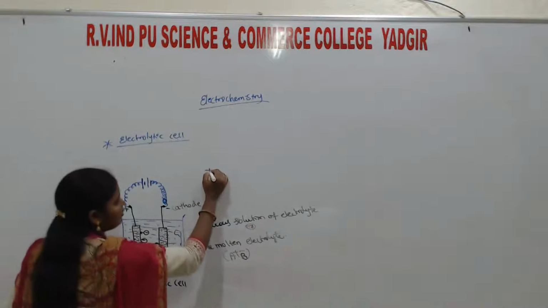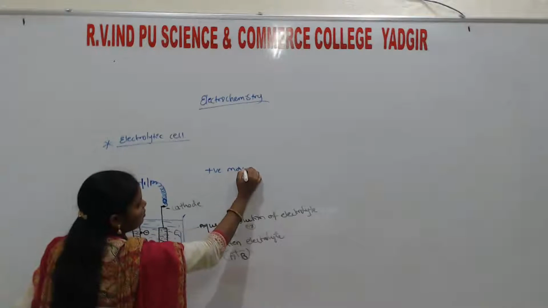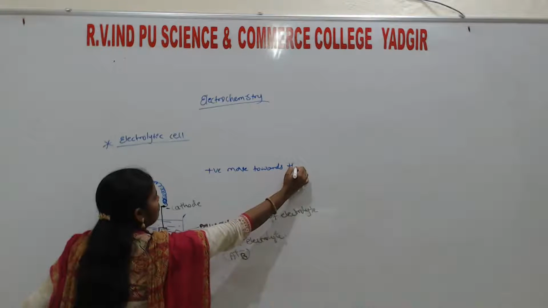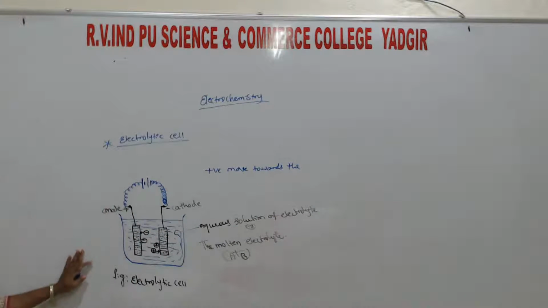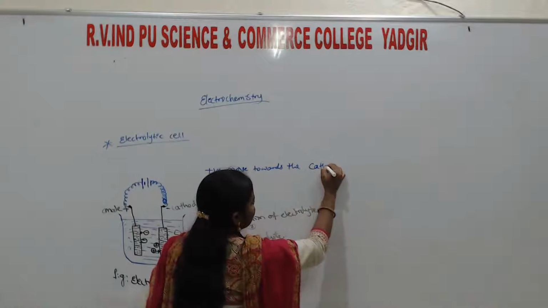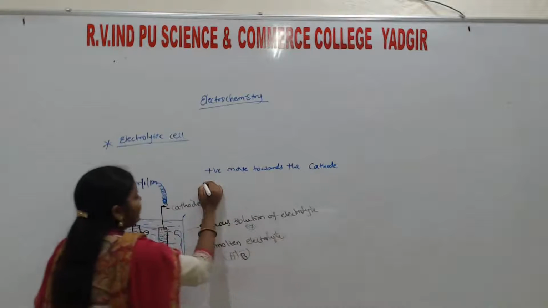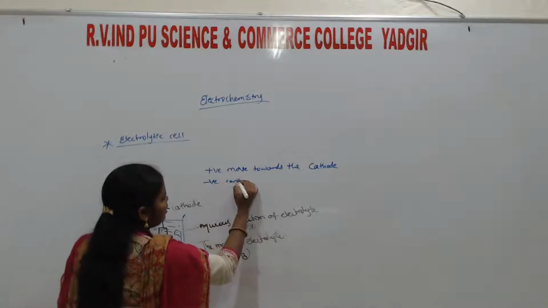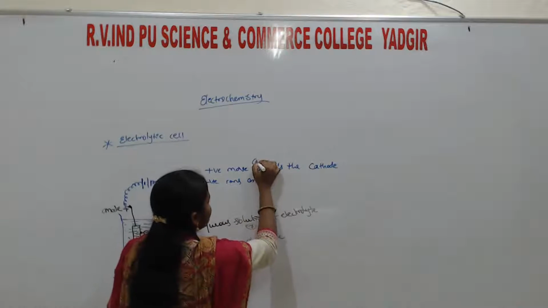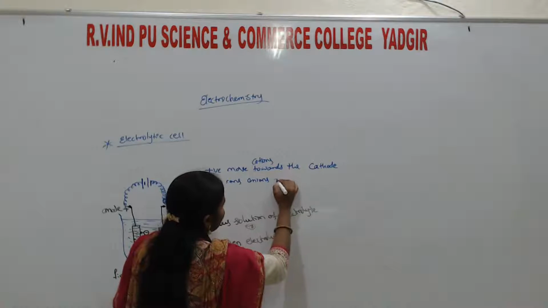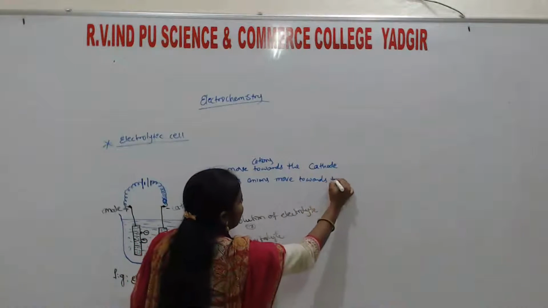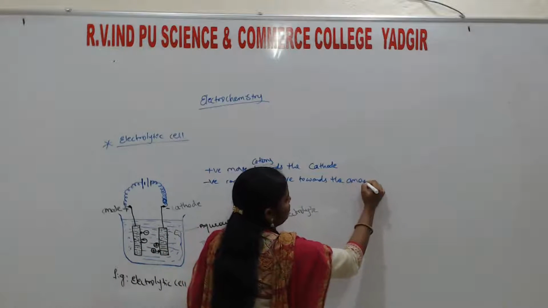Positive ions move towards the cathode, and negative ions, that is anions, move towards the anode.